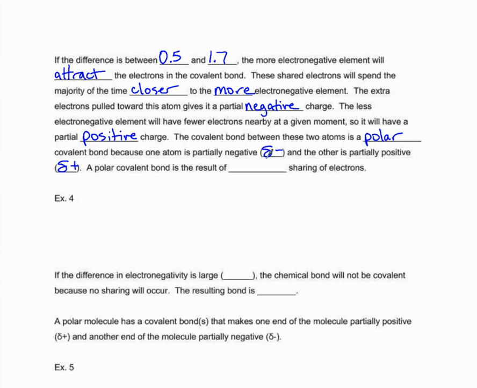So this looks like an S. It's actually a Greek letter, and it looks more like this. It looks very close to an S, but it's not quite. A polar covalent bond is the result of unequal sharing.